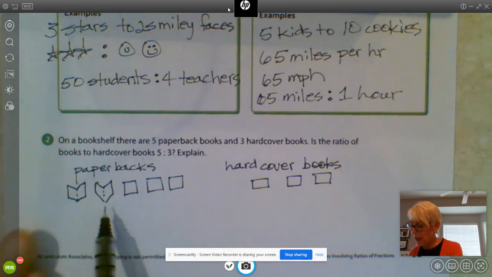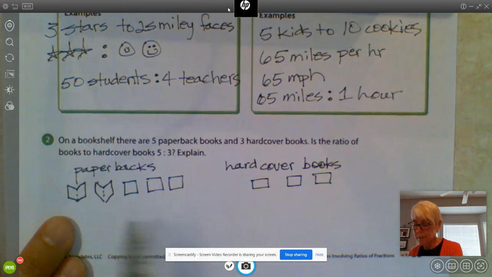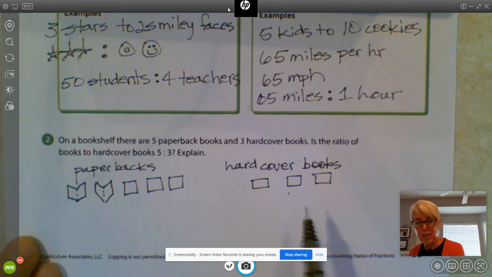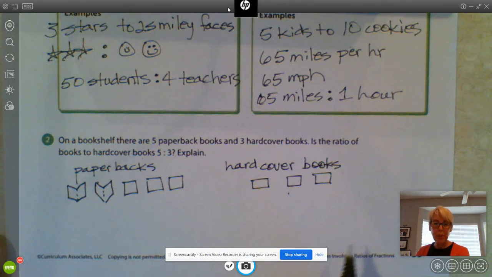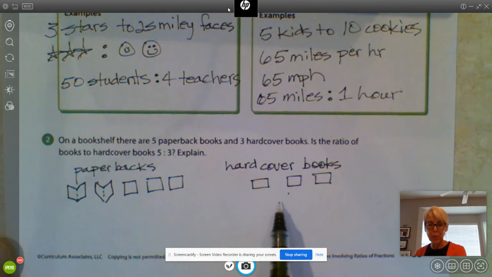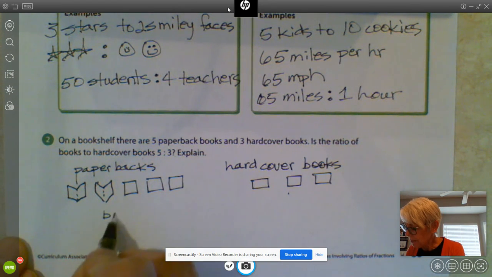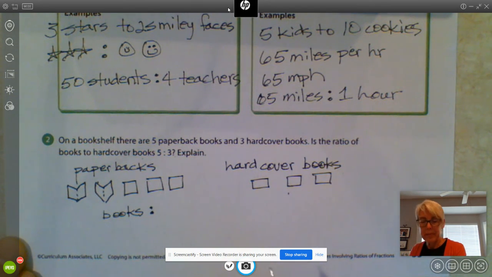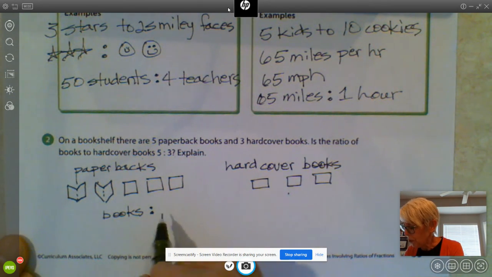And it's asking, is the ratio of books to hardcover books 5 to 3? Well, it looks like we've got 5 paperbacks to 3 hardcovers, but what's our total? Our total number of books would be adding these together, 5 plus 3 is 8. So books is a total, like the whole to a part.